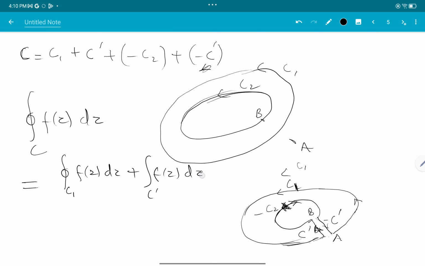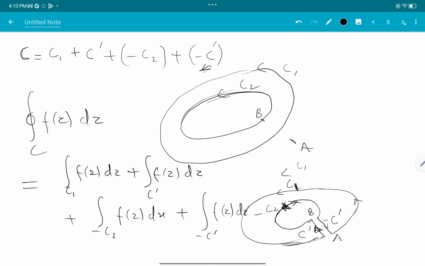None of the individual integrals is closed, so it is wrong to write it like this. Plus integral over minus C2 of f(z) dz, plus integral over minus C dash of f(z) dz.